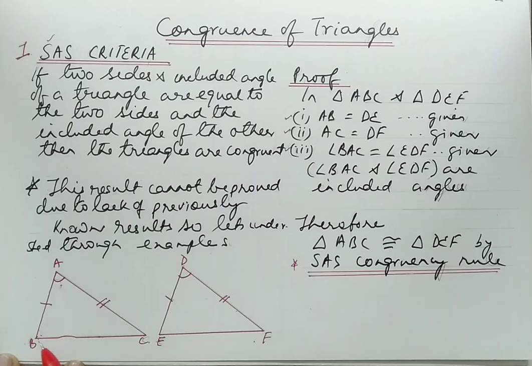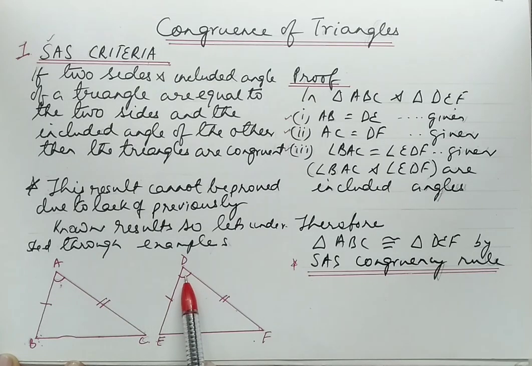Congruent triangles are exact duplicates in terms of shape and size, as in the sides of theirs must match, like it is matching over here. AB equals DE, AC equals DF, and we have one angle given over here equal to angle D.